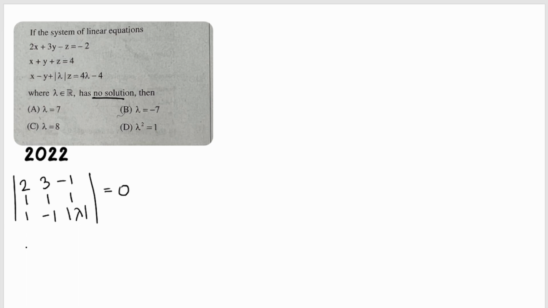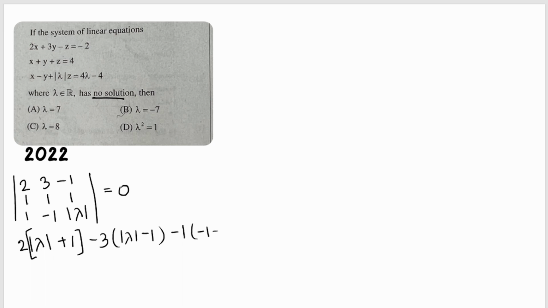Okay. Now on solving, 2 into mod lambda minus or minus 1 is plus 1. Then you have 3. Then you have lambda minus 1. Then you have minus 1.